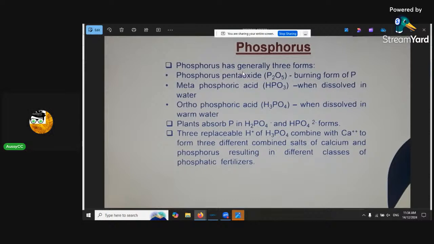That summarizes that topic. Plants absorb phosphorus in 2 forms, so that's pH dependent. There are 3 replaceable protons, hydrogen ions, of H3PO4 combined with calcium to form 3 different salts of calcium and phosphorus, resulting in different classes of phosphatic fertilizer.